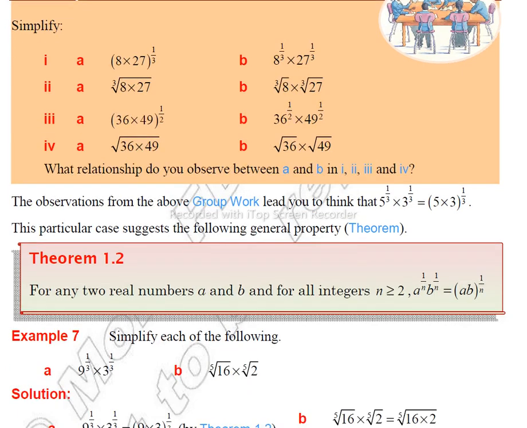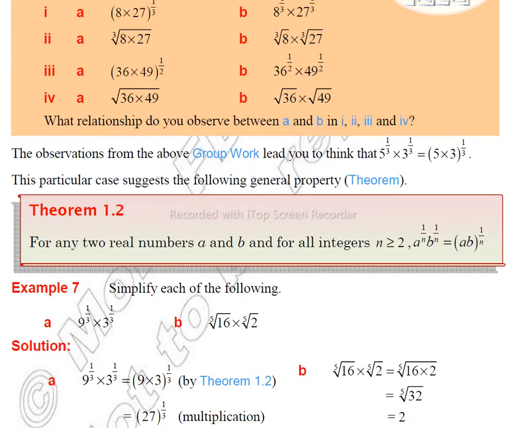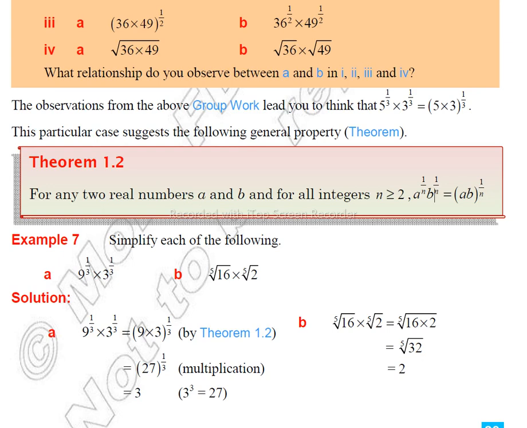We conclude that for any two real numbers A and B, and for all integers n greater than 2, A to the power of 1 over n times B to the power of 1 over n means the same as (A times B) to the power of 1 over n.